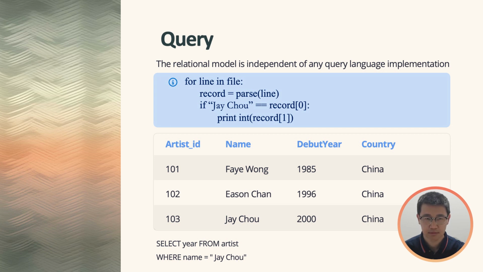Alternatively, you can use SQL to select data within a query line: select year from artist where name equals JCHO, which illustrates how SQL can operate independently from programming languages, making it easier for various programming environments to use SQL effectively within their systems. As you can tell, users can use any programming language such as Java or Go to query the data via SQL. This is the separation of concerns.